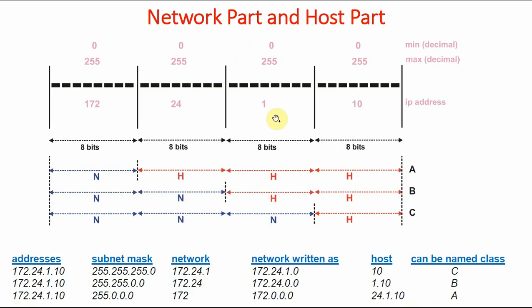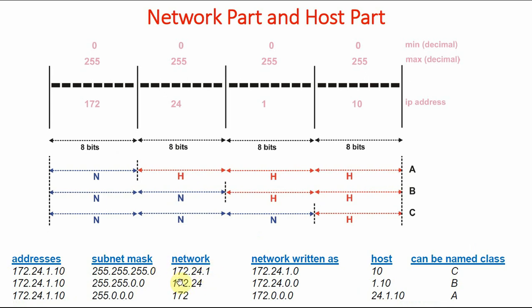If we want to deduce further, let us again take the example of the address 172.24.1.10. Now if we take the subnet mask of 3 times 255, that means your first three octets represent the network number.